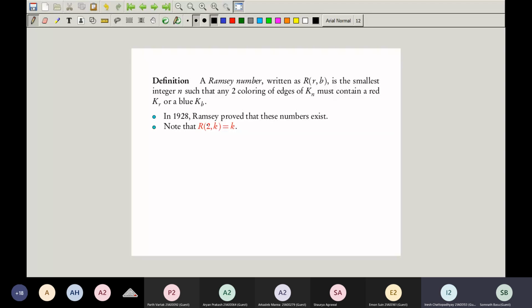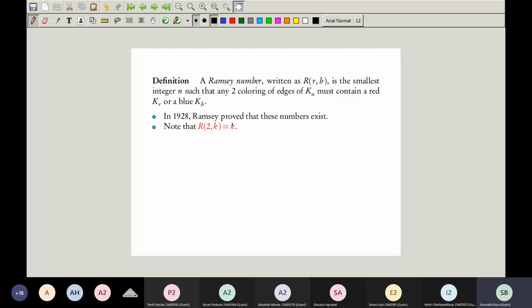The entire graph is now a blue K_k, or K_n. So if you take a complete graph on k vertices, if your coloring has at least one red edge, then you win. If your coloring has no red edges, even then you win because everything is blue and it's a blue complete graph, right? So it's just that.